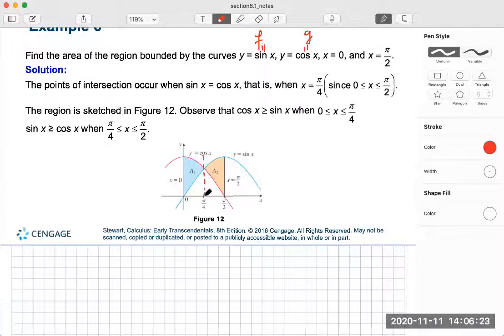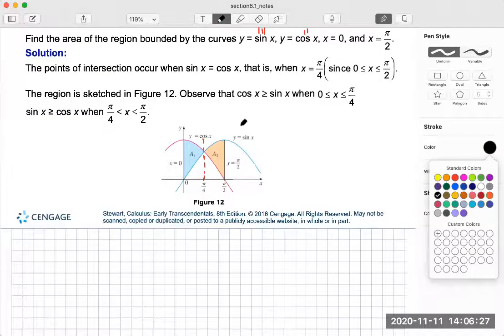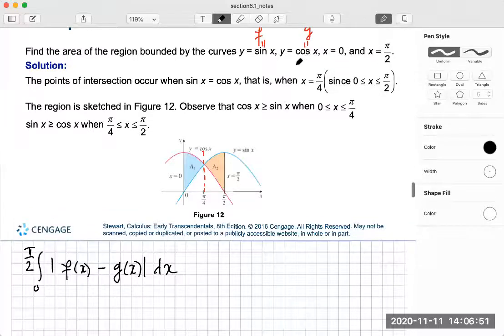So therefore, from the formula, we know that the area formed by f and g will be the integral from 0 to pi over 2 of the absolute value of f minus g dx, right? Okay, where f is sine and g is cosine.